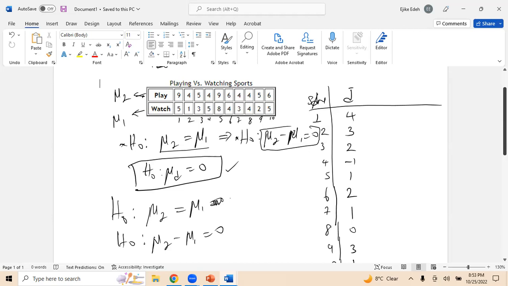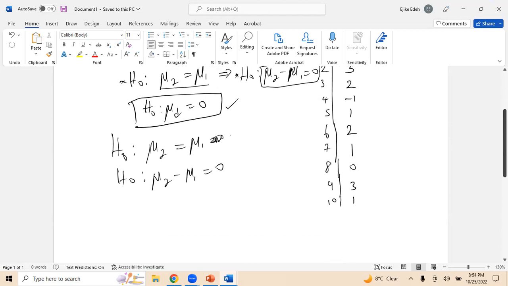And if you decide to represent that difference with a symbol, mu-d, then your null hypothesis could be stated in a simpler form: mu-d is equal to 0, okay? So the difference in the mean is equal to 0.